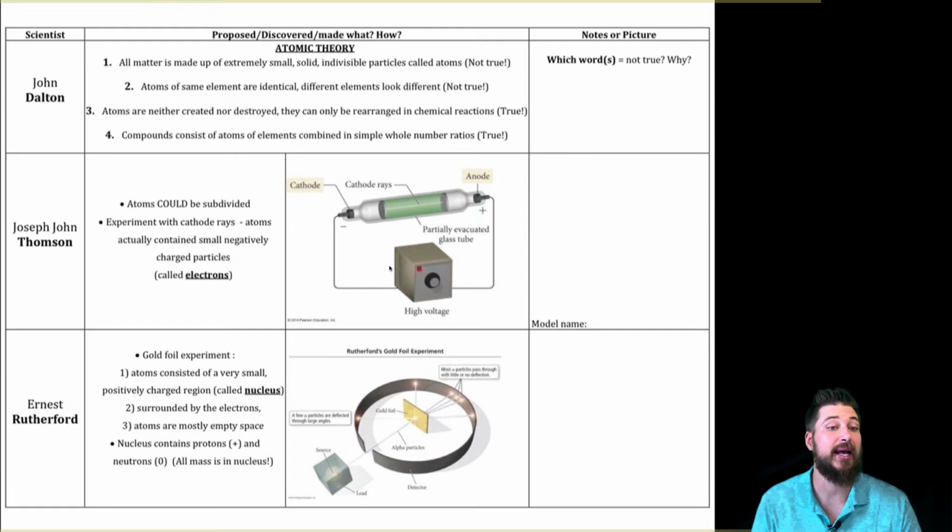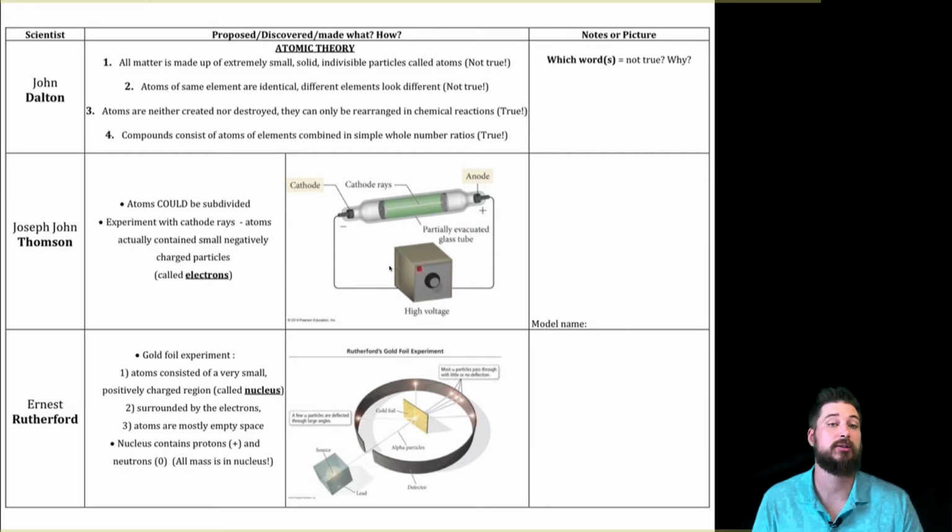He also said that atoms of the same element are identical. He said different atoms will look different. He said atoms are neither created nor destroyed. They can only be rearranged in chemical reactions. And then he also said that compounds consist of atoms of elements combined in simple whole number ratios. Those are the four things he said.